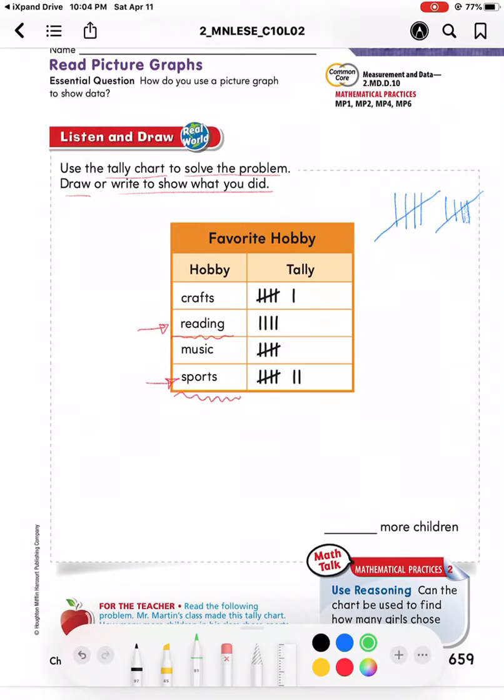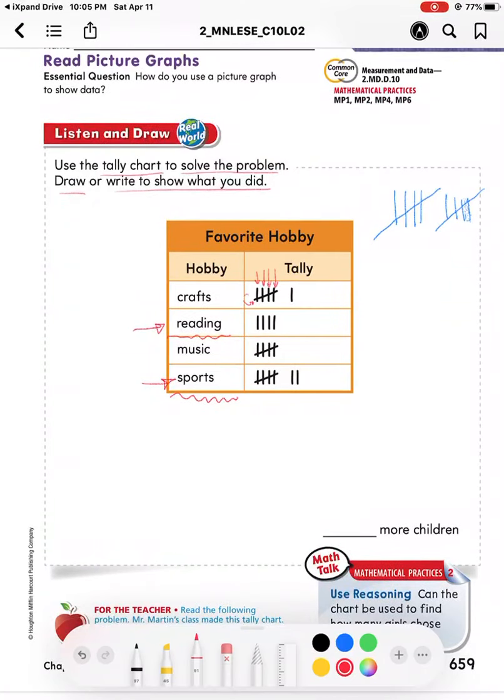So let's see here. For the crafts, how many students? Let's count together. We have here 1, 2, 3, and 4, and we have the diagonal line that cuts all the 4. This is 5 and 1, so we have 6. So here we have 6 students.